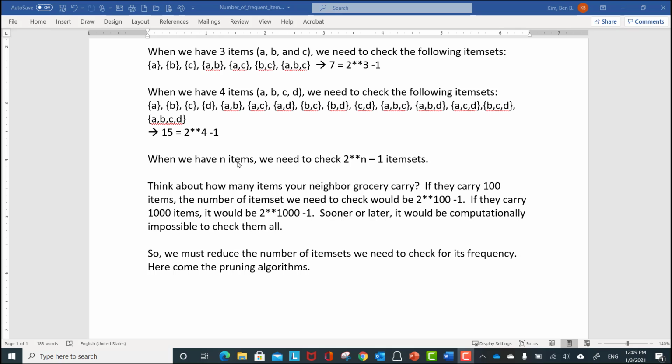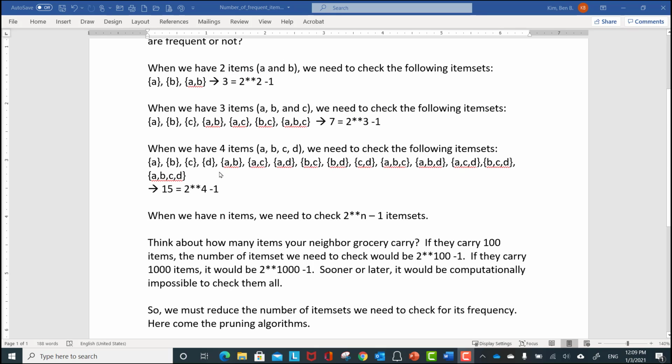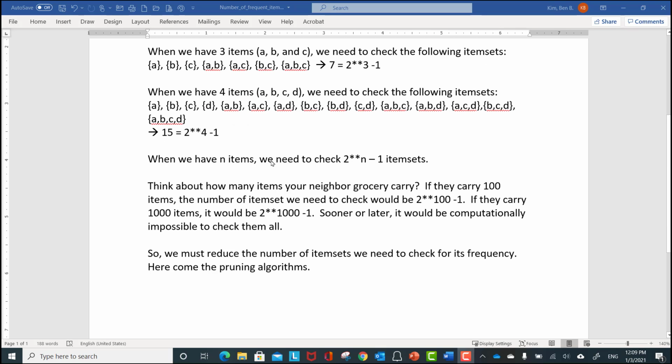So when we have n items, we need to check 2 to the nth power minus 1, as I showed you over here. If you haven't checked what kind of number that could be, try 100 items, and then we need to check 2 to the 100th power minus 1. Think about what kind of number this is.